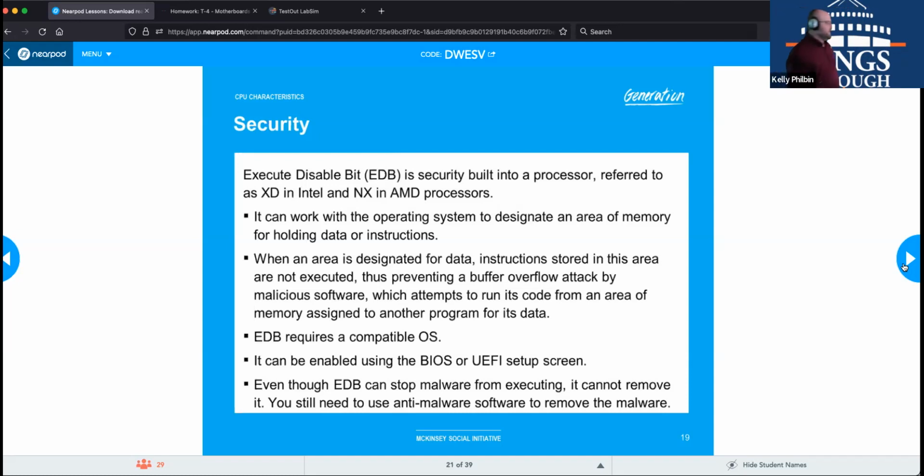So when we are looking at system requirements for each operating system, I believe Windows 8 and 8.1 require that you have this XD or NX built into the chip for it to be able to function. And this is what allows you to remote disable a computer, so that if somebody takes the computer, then you can shut it down remotely.